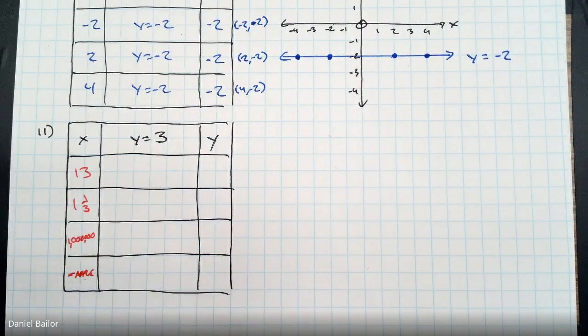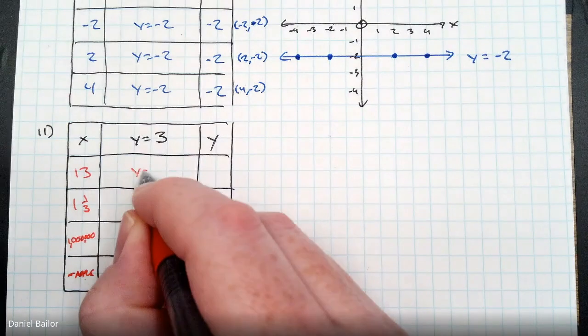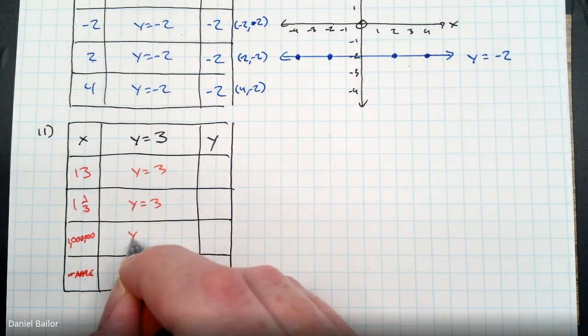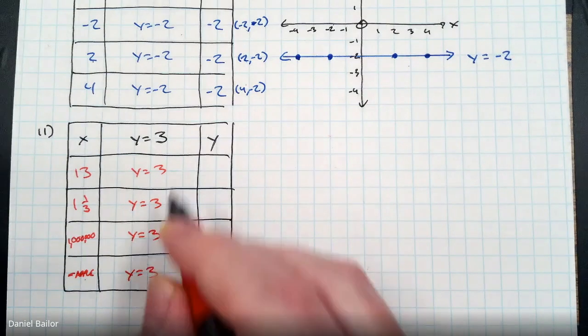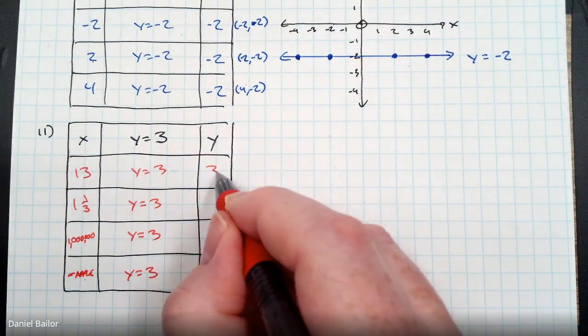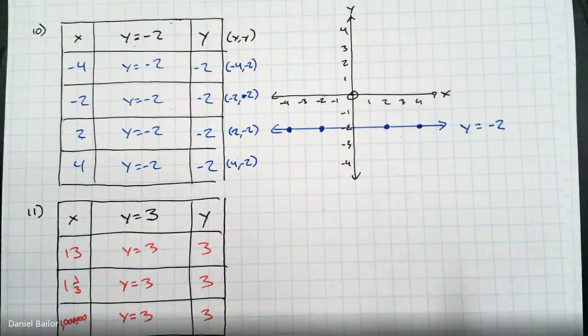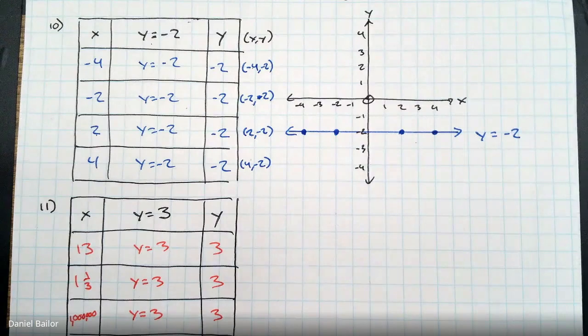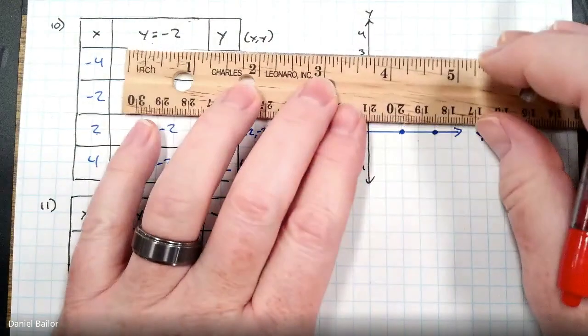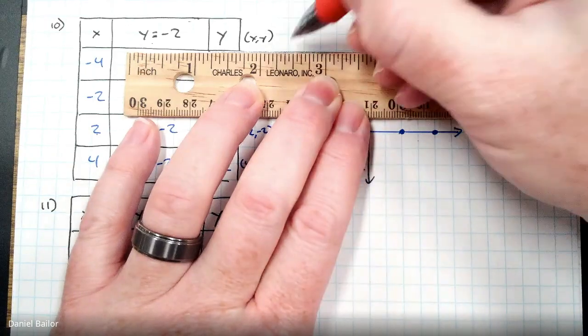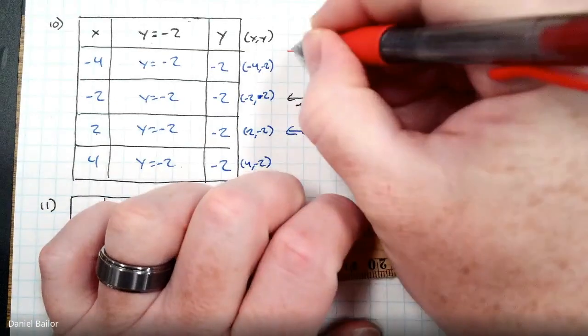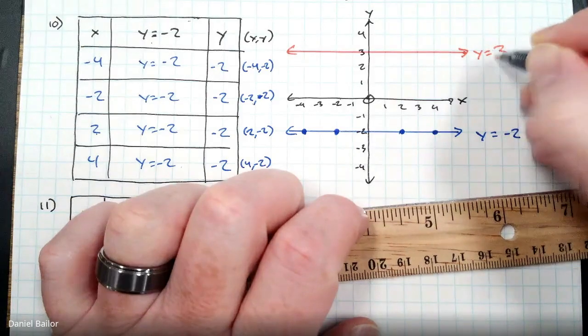It doesn't matter, because there is no x in the equation. Y is 3, y is 3, y is 3, y is 3. X does not matter. Y is always 3. So whatever x you pick, y is always going to be right there. Y equals 3.